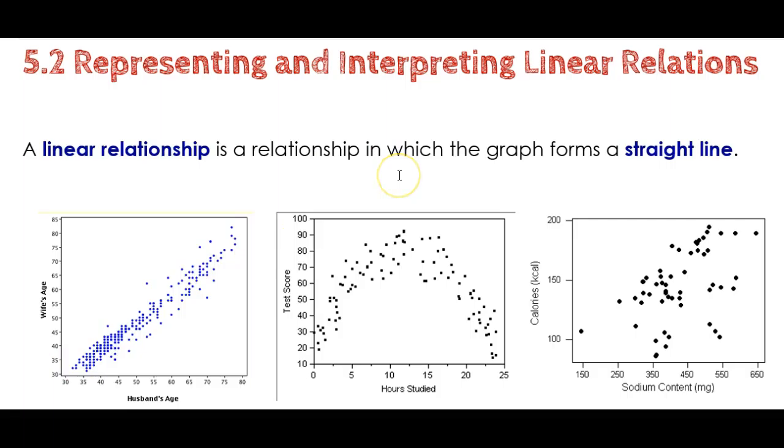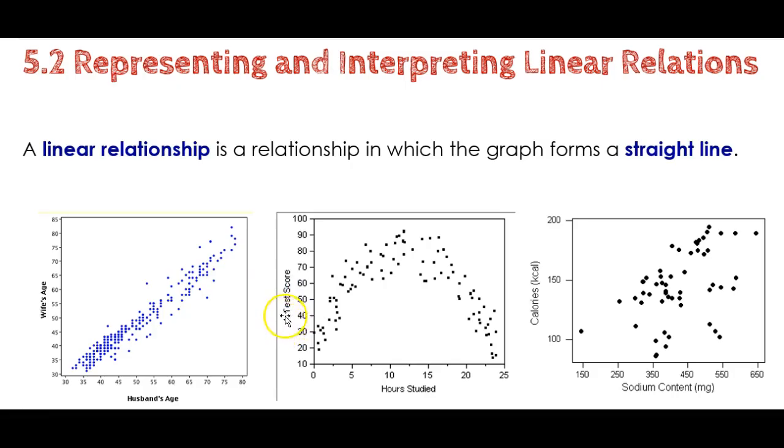In the next example, I can see that there's definitely some kind of relationship going on, but it wouldn't be called a linear relation because the scatter plot does not create dots that could be represented by a straight line. So let's look at interpreting what's going on here.